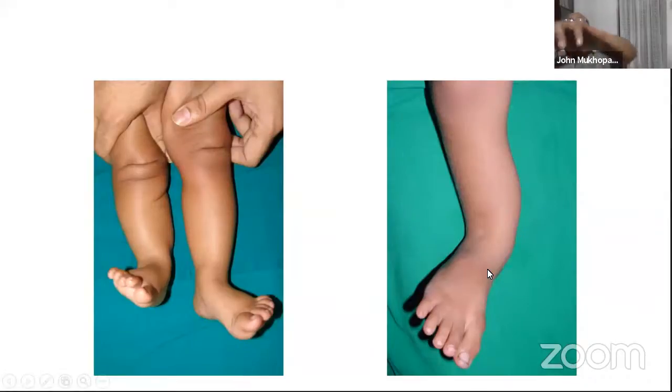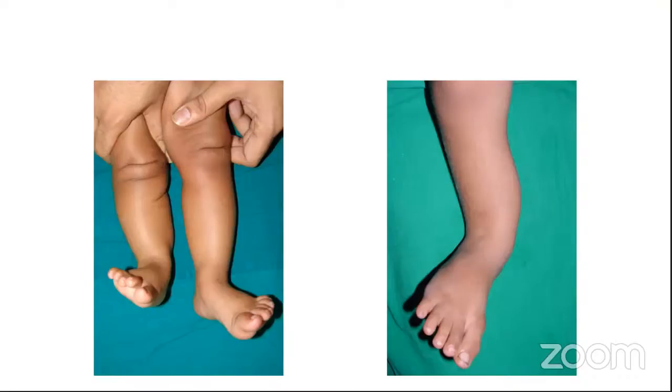So you're seeing the follow-up on the right side, or on the left side as you're facing it. Have you seen this? Let us talk on that: whether the tibia is straight, whether the knee and ankle are in line.